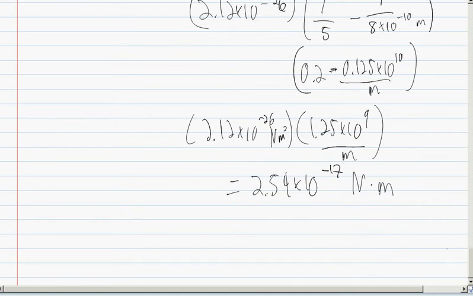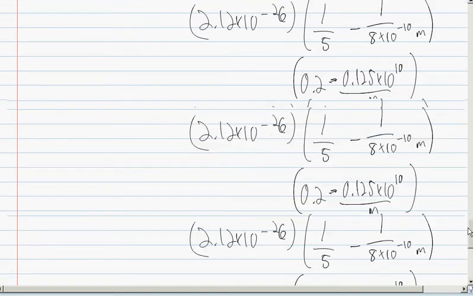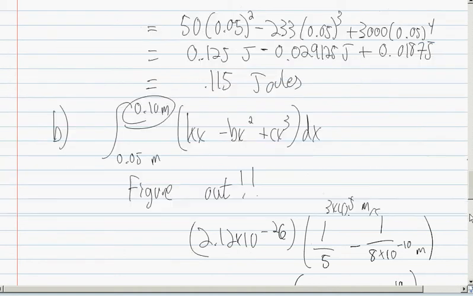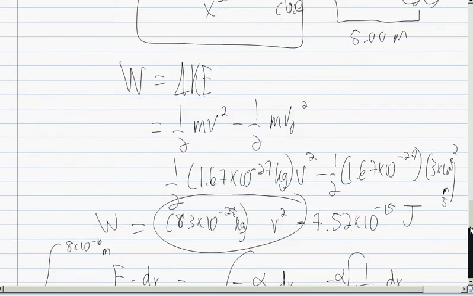Okay, that's the work done. I'm going to set that 2.54 times 10 to the negative 17th joules equal to what we had up here on top. This thing here.